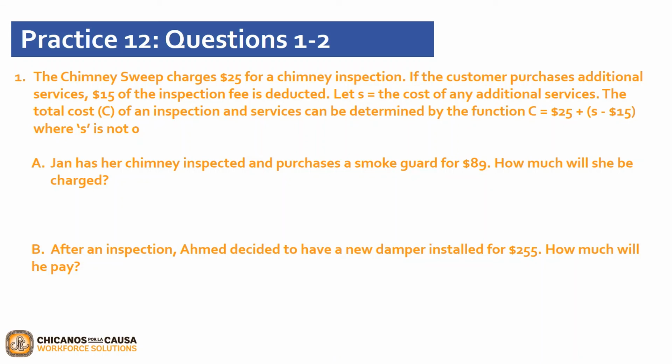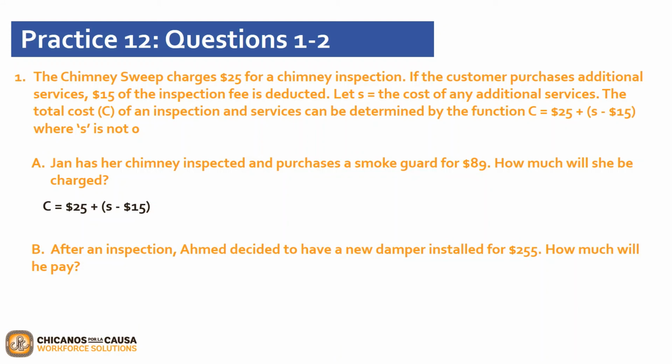So this is pretty similar to our actual lesson, where we're already being provided the variables and the expression, and now it's just a matter of putting in the total amount of additional services. If the expression we're provided is C equals $25 plus S minus $15, and S equals the cost of any additional services, we're going to plug in this $89 in place of S, since Jan purchased a smoke guard in addition to getting her chimney inspected.